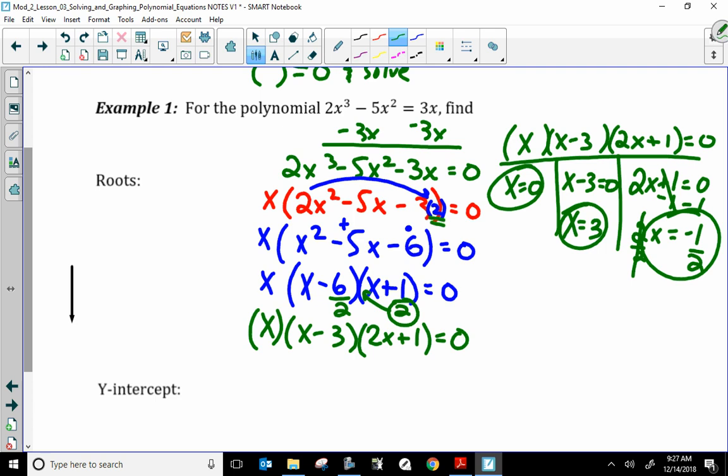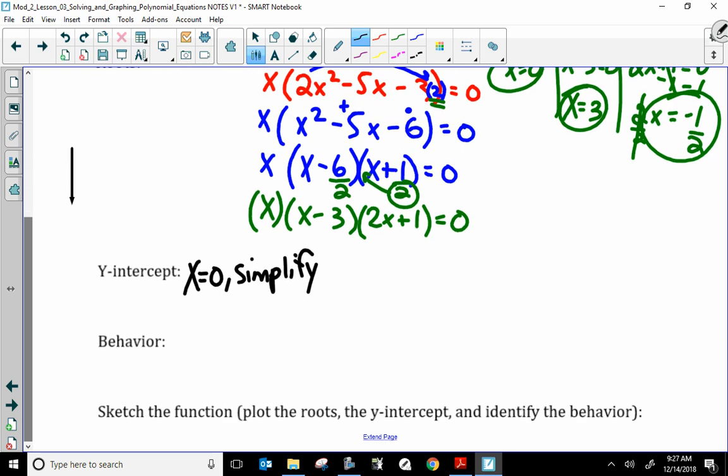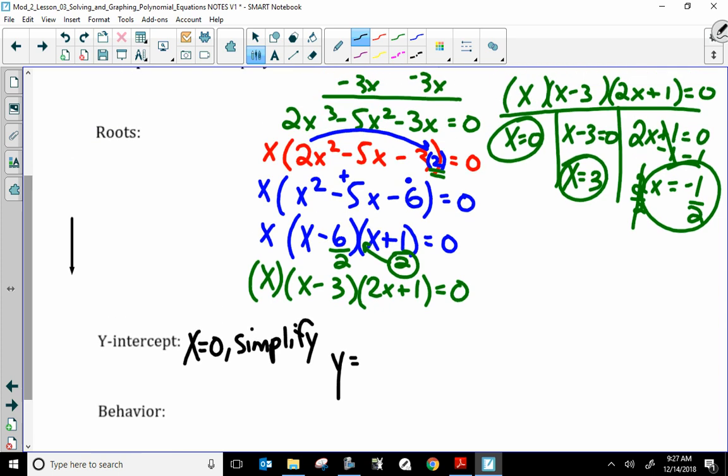Okay. So how do I find my y-intercept? I make my x equal to 0 and simplify. So, I take my original equation, I'm going to say y equals this.